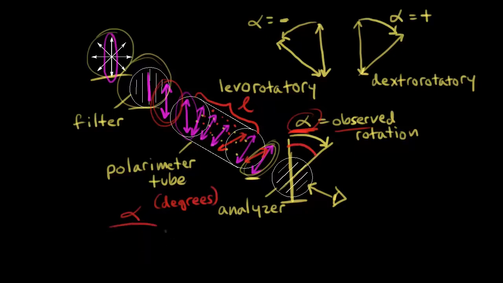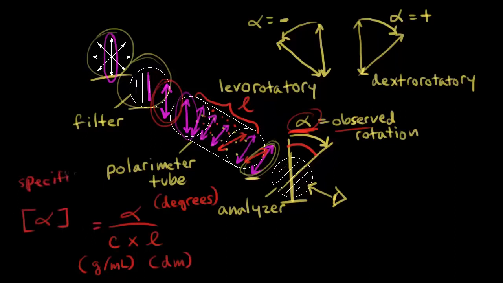If you divide your observed rotation by the concentration of what's in your tube, in grams per ml, multiplied by the path length L, which is in decimeters, you'll get something called the specific rotation. That would be alpha in brackets. So this is the specific rotation.